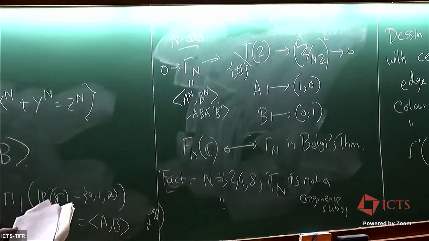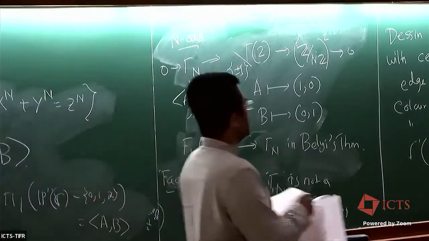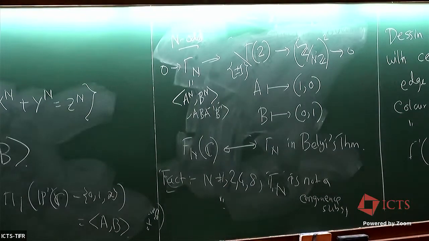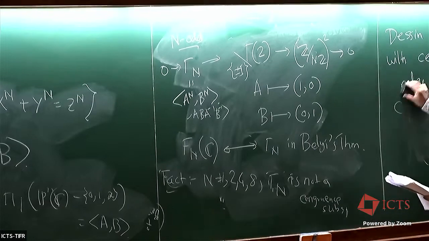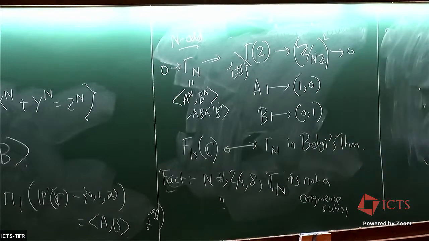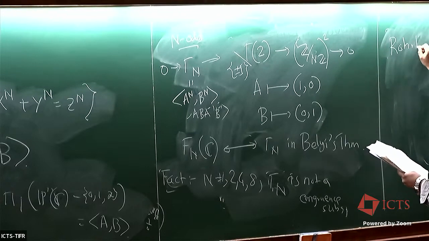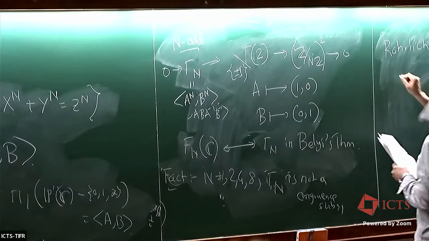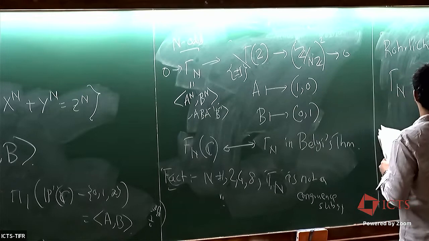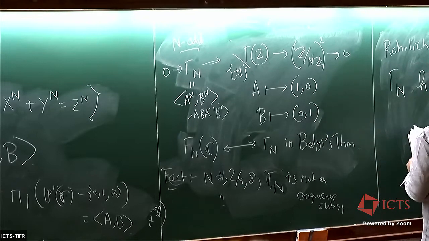Okay, so it seems that this is an example where this Hecke operator will not work here, but however Rohrlich proved that gamma n has the Manin-Drinfeld property.